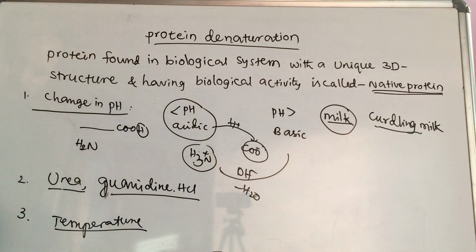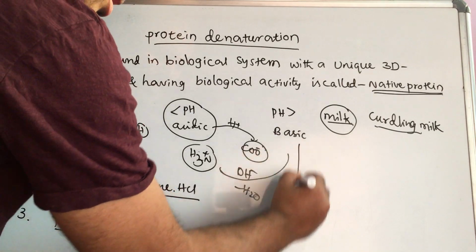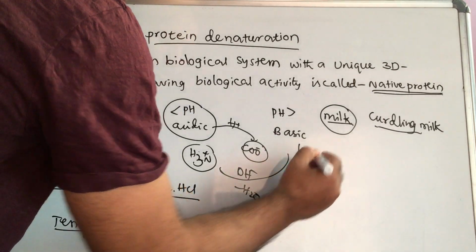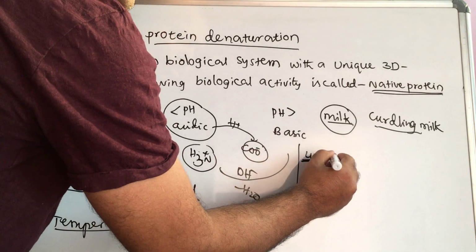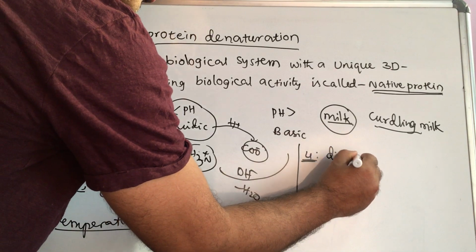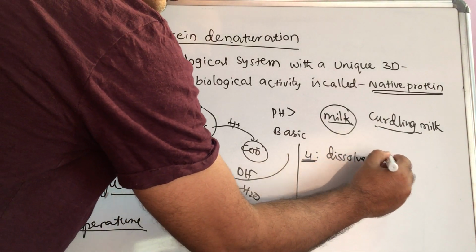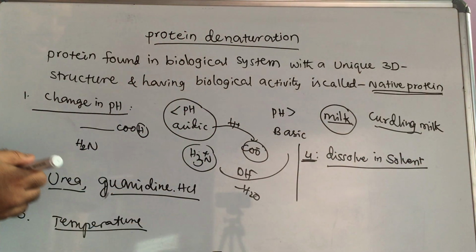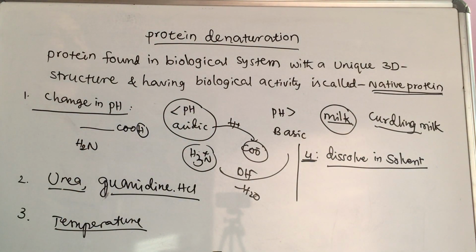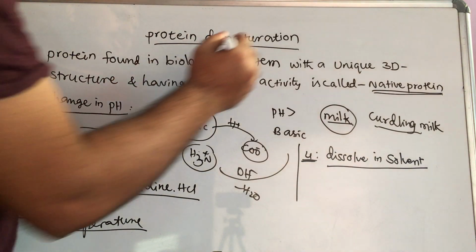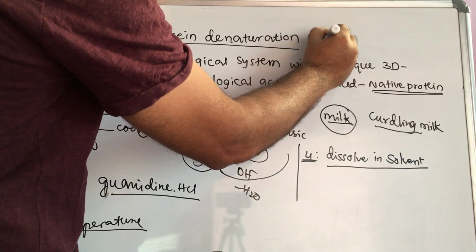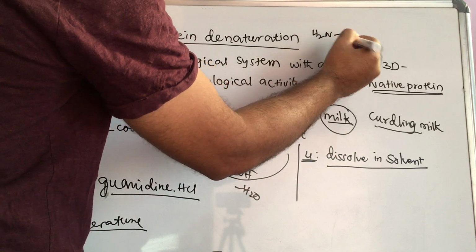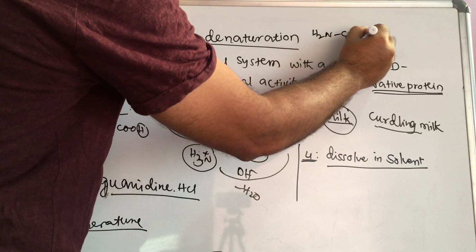The fourth one is dissolving in solvents. For example, a protein dissolved in a non-polar solvent. Already we discussed that protein has the general amino acid structure, NH2, CH, COOH, which I am writing here.